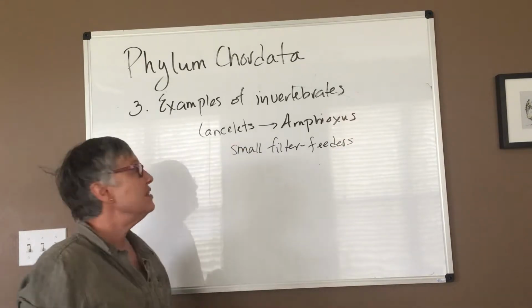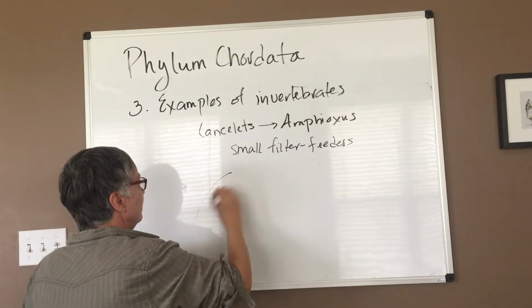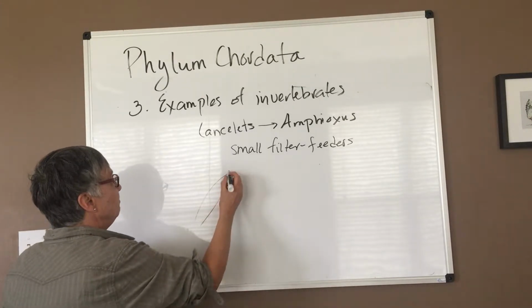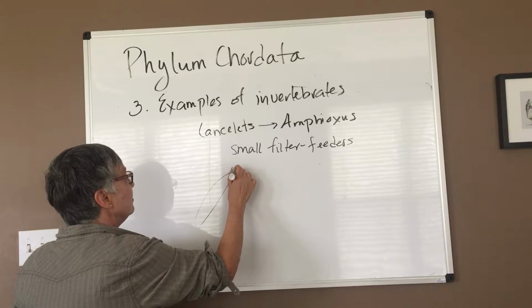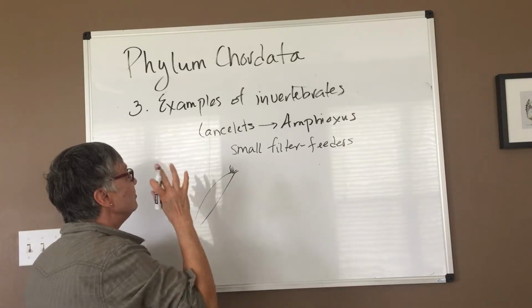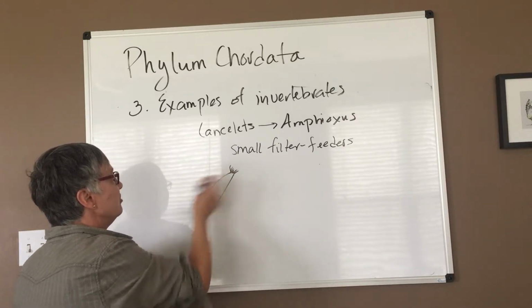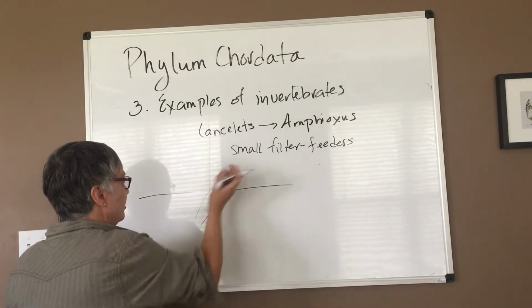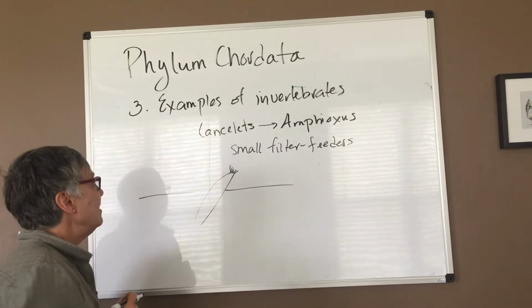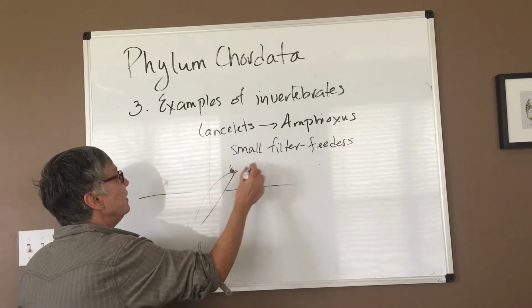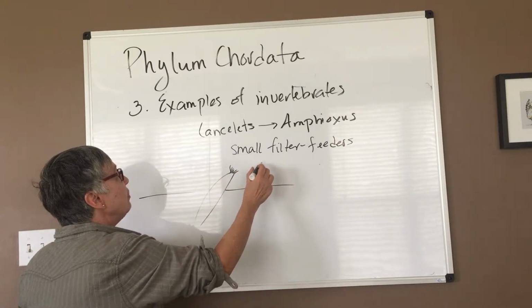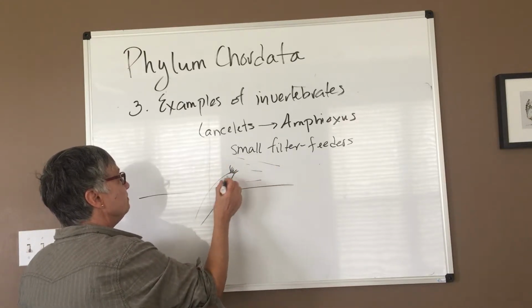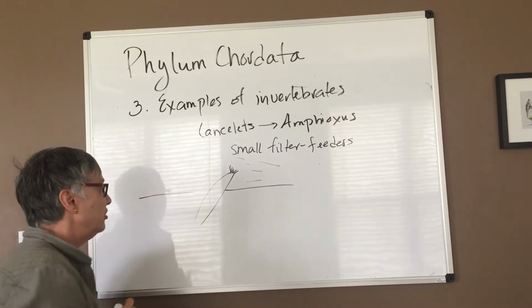They are called lancelets because they tend to be sort of spear-shaped. And so here we've got a bunch of sort of tentacles or structures that are used in filtering. These guys basically shove their back end into the sand, and they then feed by filtering out bacteria and so on that come to them in the current.